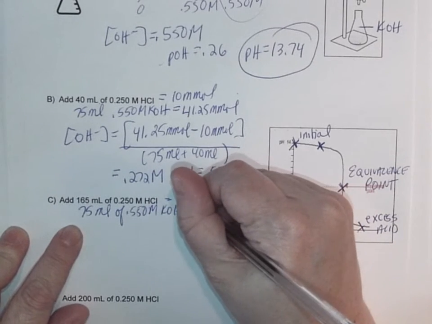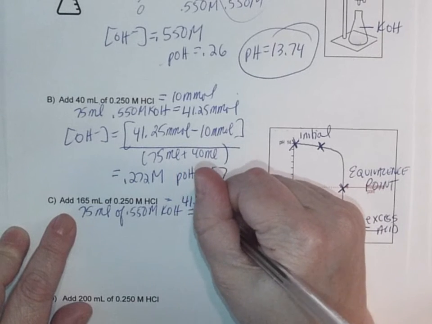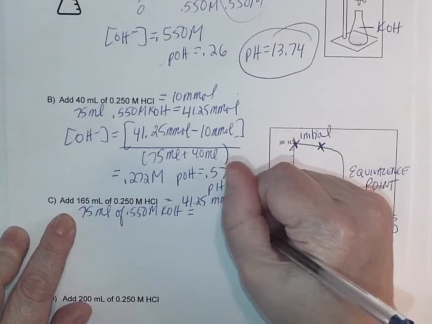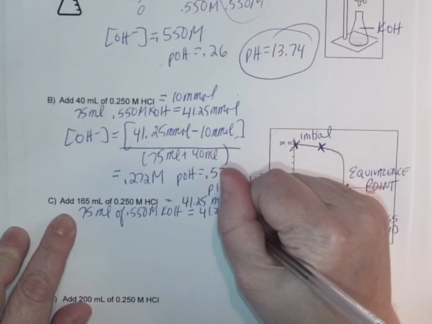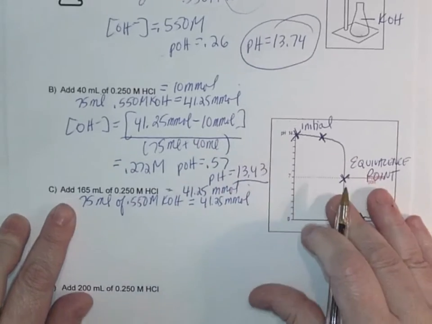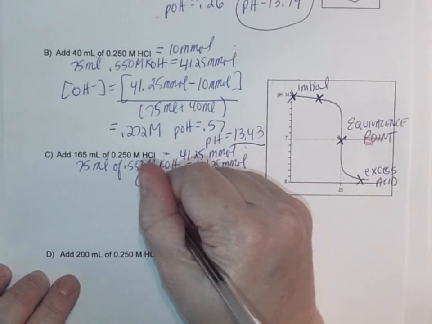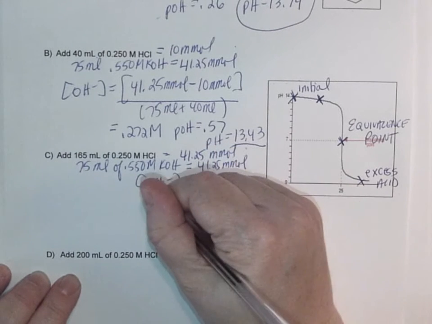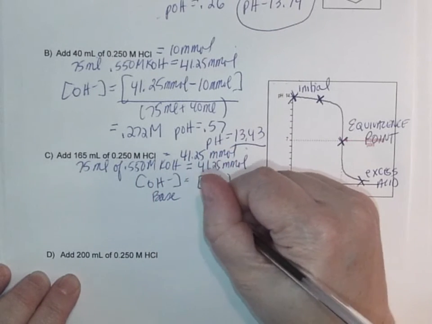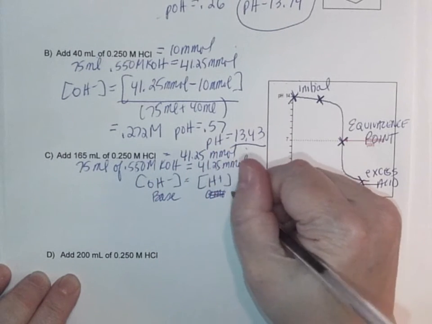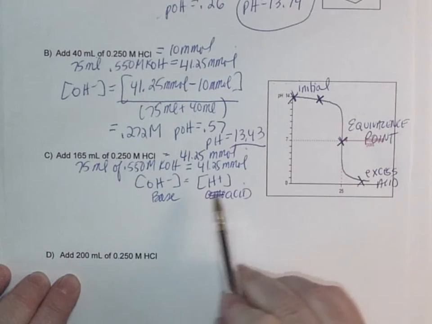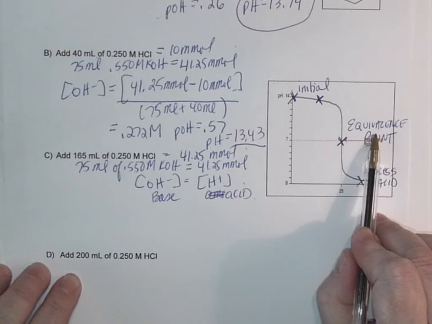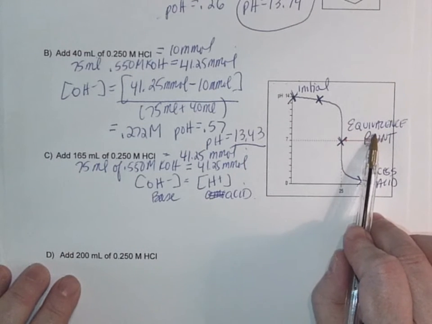So I see that I have 41.25 millimoles. I have the same amount of acid. So remember, when you see that these concentrations are in millimoles and the amount of base is equal to the amount of acid, I'm at the equivalence point. That's the definition of an equivalence point.